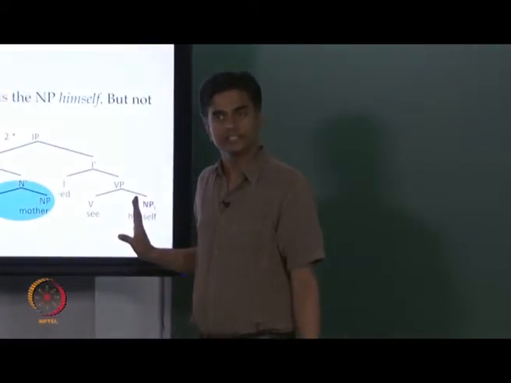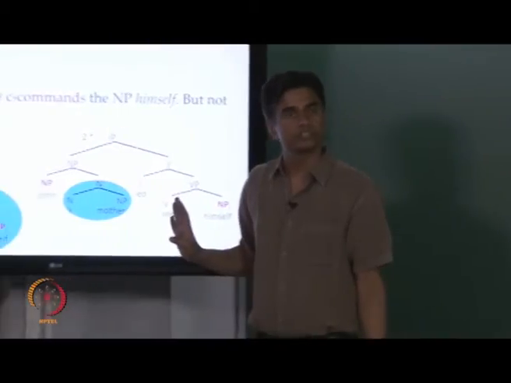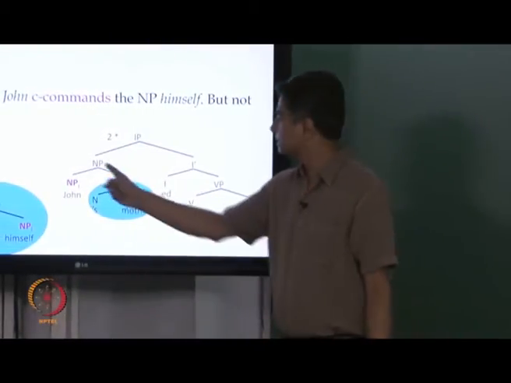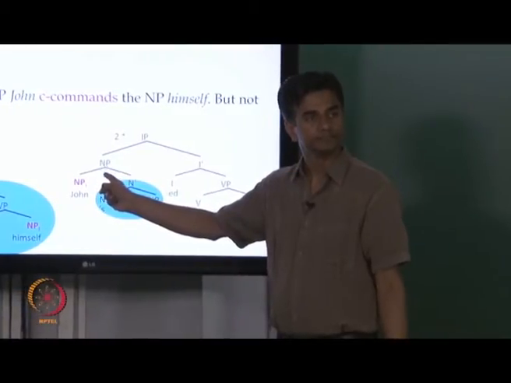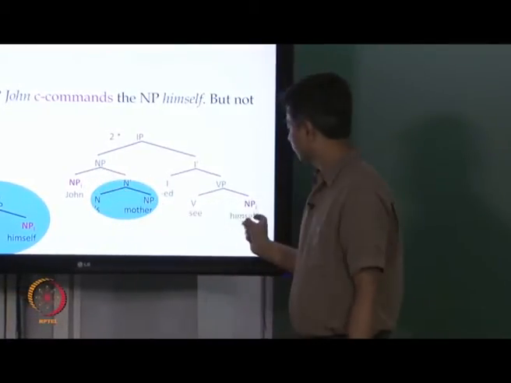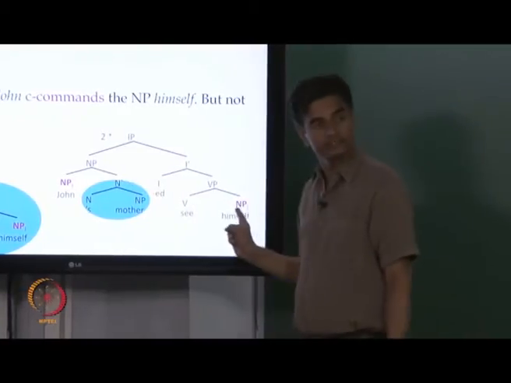That is to say, here is what we are talking about. You're saying John's father saw himself. Is that sentence right? What we are saying is, this NP becomes the antecedent, and they are co-indexed, this NP C-commands this.